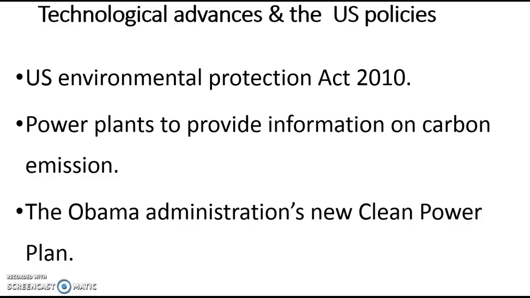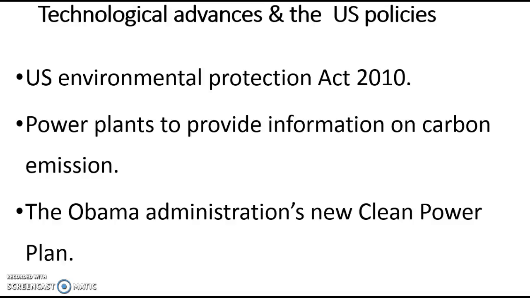Then from there, let us look at technological advancements and US policy. In the US Environment Protection Act of 2010, it was unveiled that power plants and any other technology using gadgets have to reduce the emission of carbon dioxide into the air, and that is an act that was enacted in 2010. So the US government has been very strict on technological advancements, especially towards the environment.